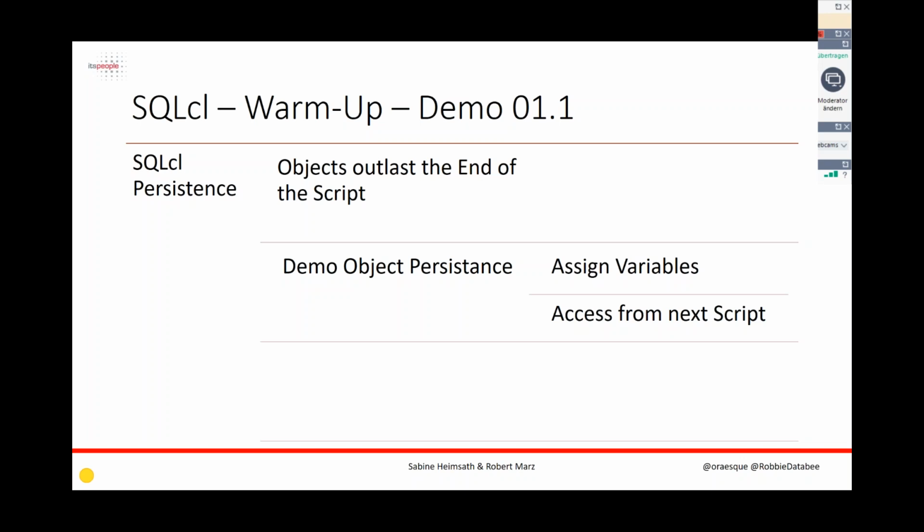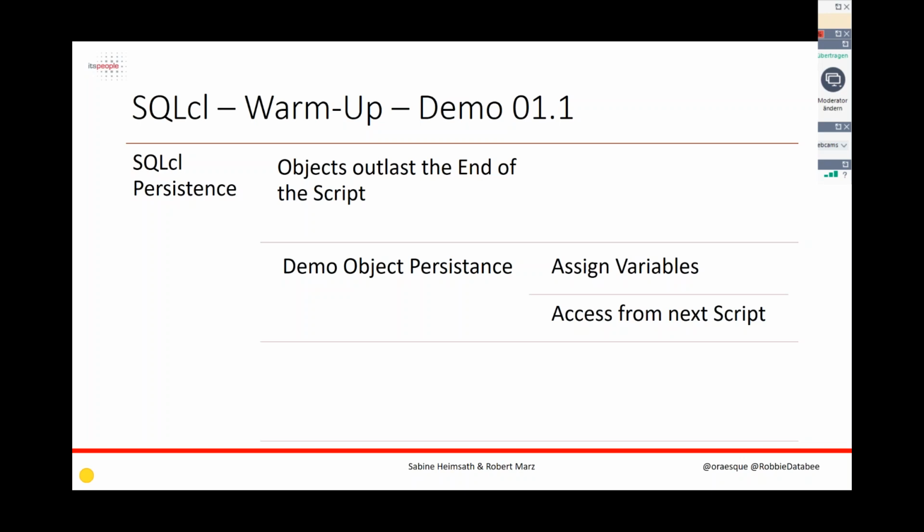Sorry. All right. If you're used to normal PL/SQL scripts within SQL*Plus, you know that you can declare variables or constants and use them within the scope of the script. This is different when using a scripting language like JavaScript.